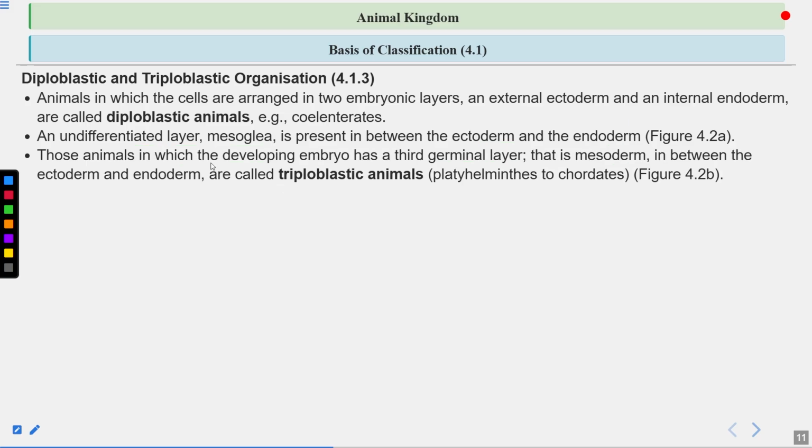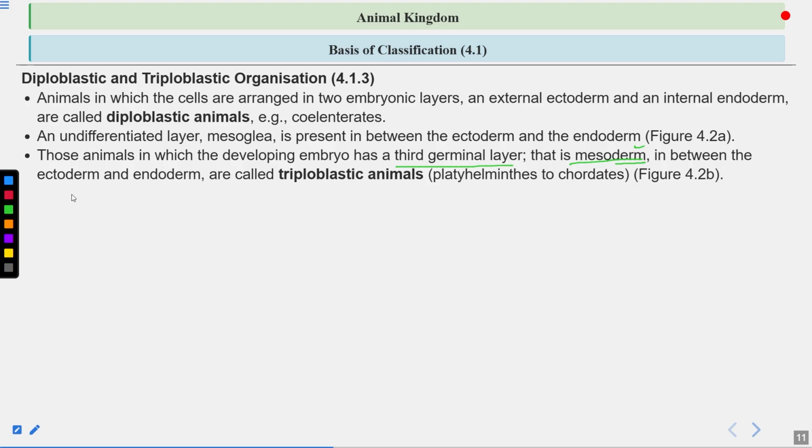Now there are animals in which the developing embryo has a third germinal layer. In some organisms the third germinal layer is found in between the ectoderm and endoderm, and that is called mesoderm. Here again you see, like ectoderm and endoderm, the 'derm' term is coming out, so it is a cellular layer now.